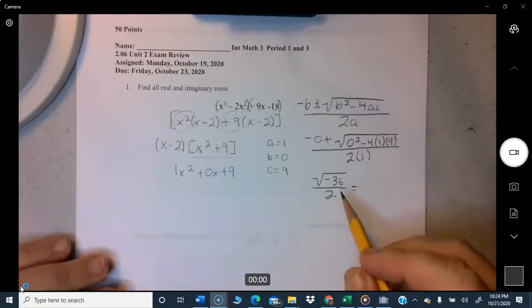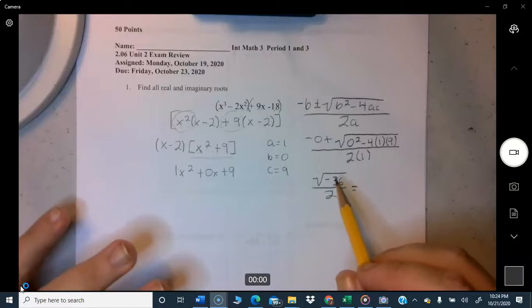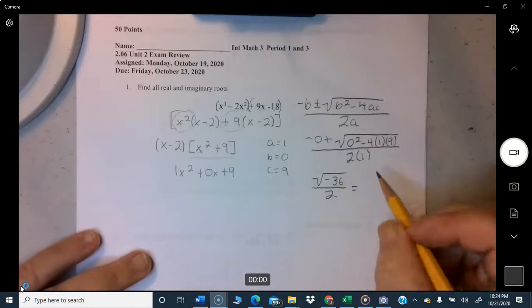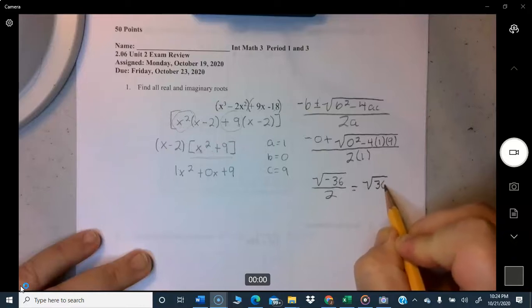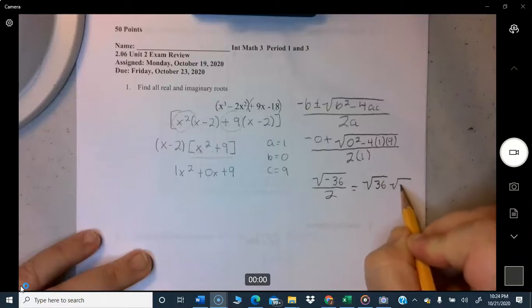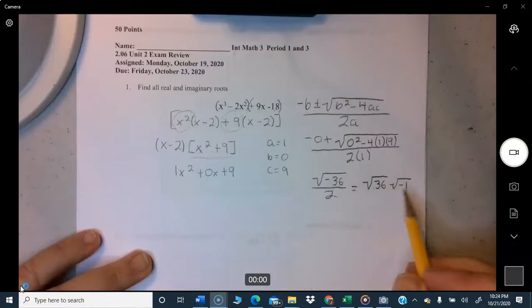Now, based on what we did in 2.05, some of the principles of roots and how they work, you can write this like this. You can break that into 36 times negative 1, in other words, and then break those each out into their own root sign.